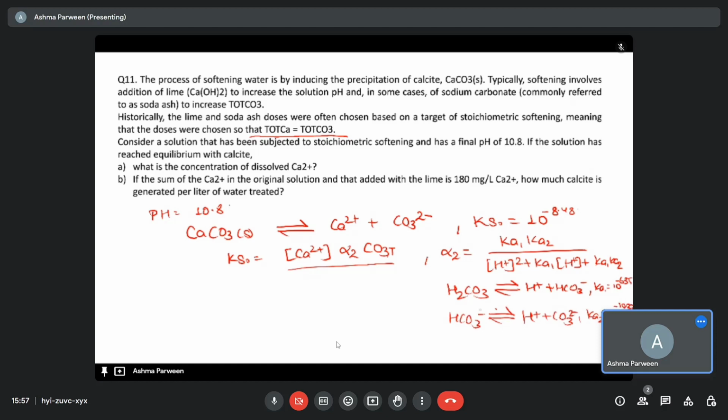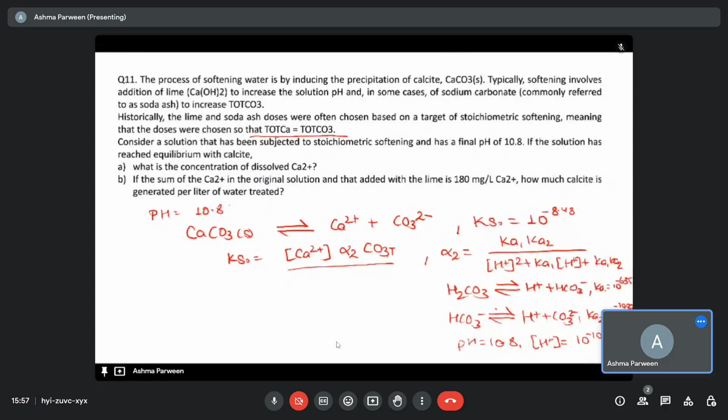After putting the values of Ka1, Ka2 and pH as 10.8, that is H+ will be 10 raised to minus 10.8, we can find out the coefficient alpha 2 and put it in this equation.